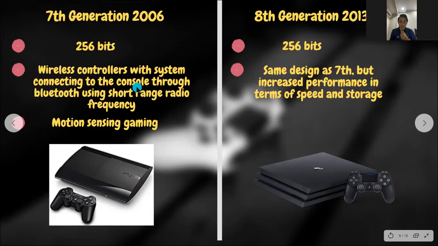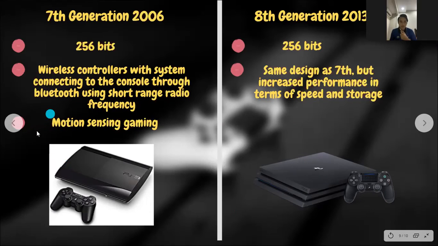As we all know, the wire cannot be too long. It will cause a mess. So wireless controllers help the user to play whenever they want, far away from the gaming console. So they can find the place where they feel comfortable.